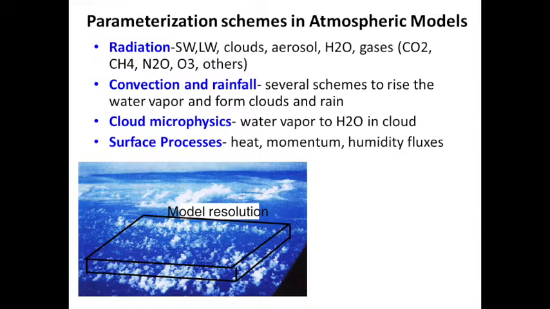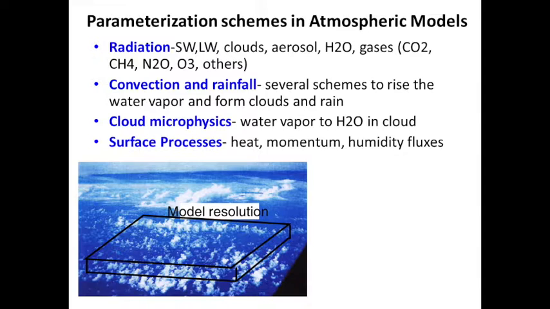And for convection and rainfall, there are also several schemes. Each model can use a different scheme and verify if that scheme is doing well or not. So there is not only one scheme for each of these physical processes, and this is in constant development.